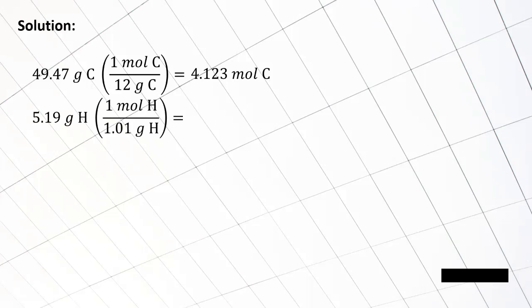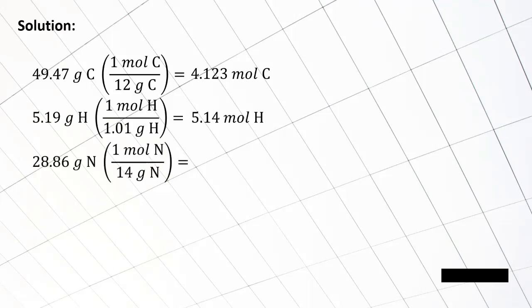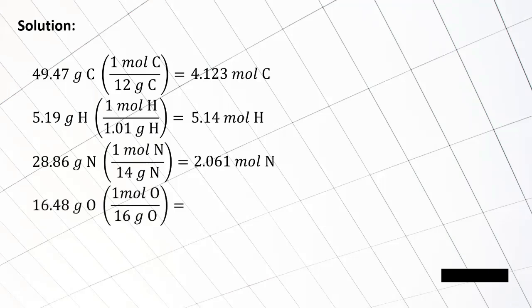Simplifying this equation, we will get 5.14 moles of hydrogen. Next, on our nitrogen, by doing the same process, we will get 2.061 moles of nitrogen. And lastly, on our oxygen, simplifying this equation, we will get 1.03 moles of oxygen.